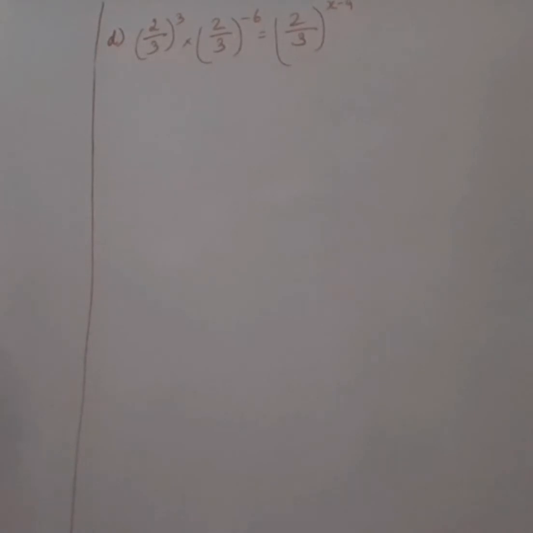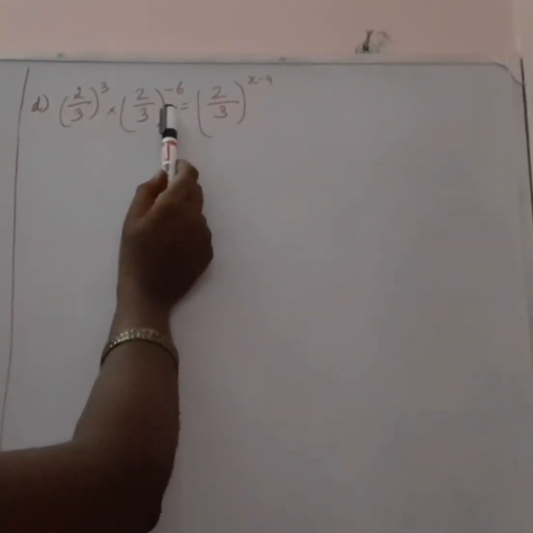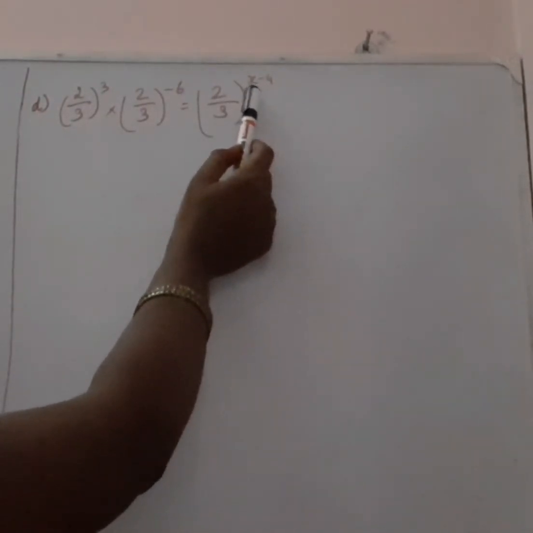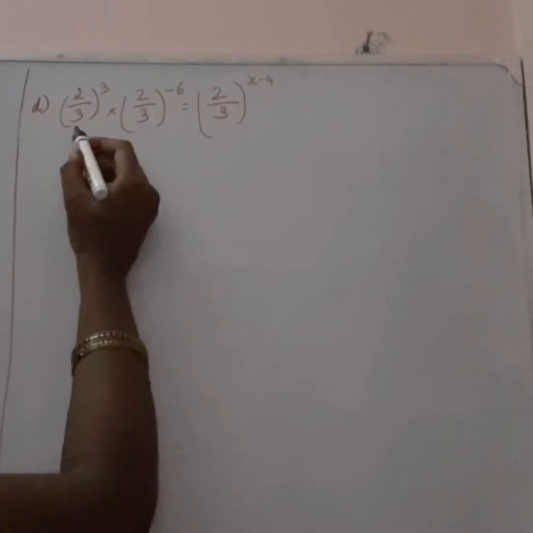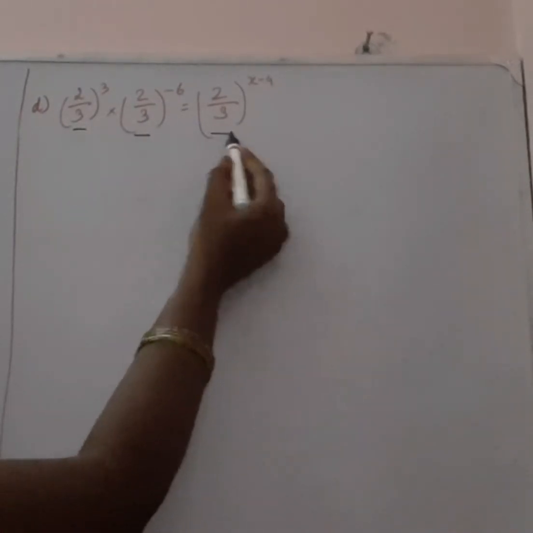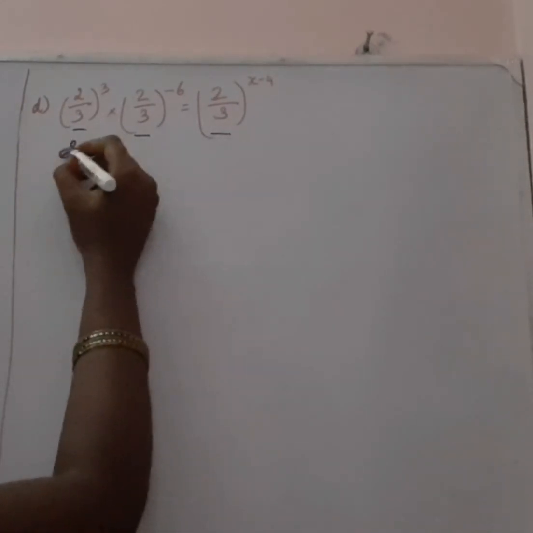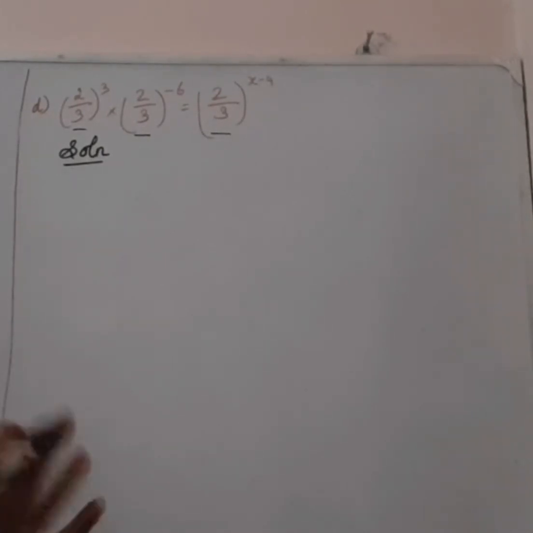Okay, let us see the next sum: 2 by 3 the whole power 3 into 2 by 3 the whole power minus 6 equal to 2 by 3 the whole power x minus 4. Here they have given that all the bases are the same: 2 by 3, 2 by 3 and 2 by 3. So if the bases are the same, there is no problem, and we need not change anything here.